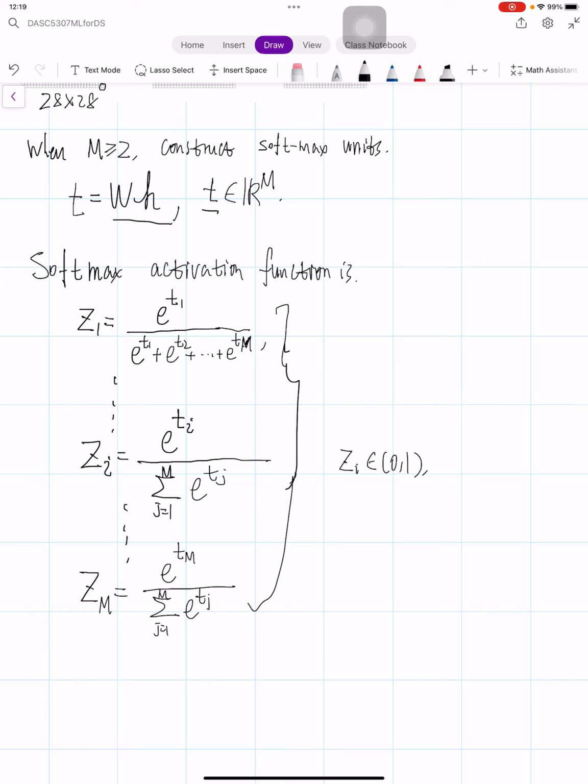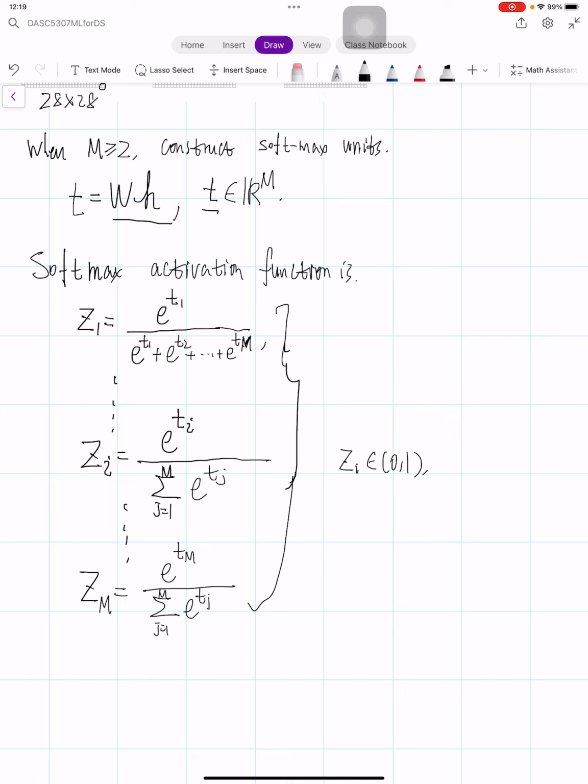Each zi output is a number between 0 and 1 that represents a probability of this input being in this label.